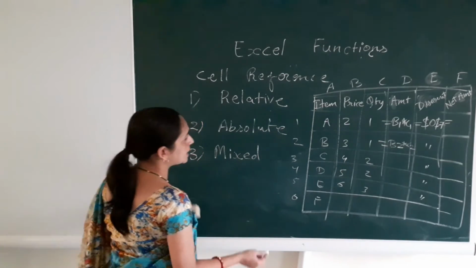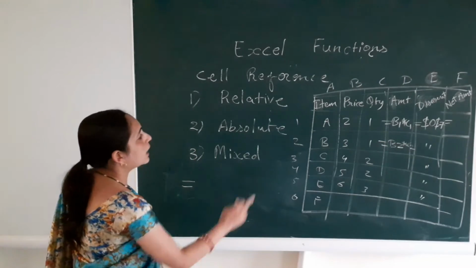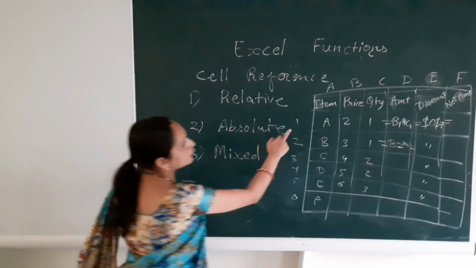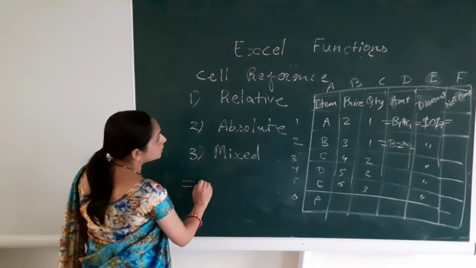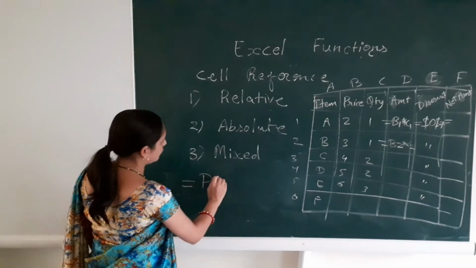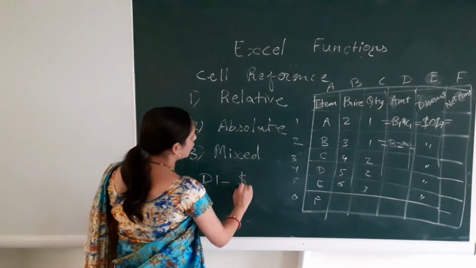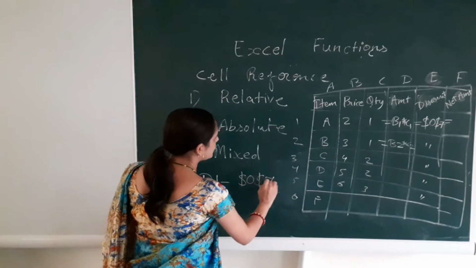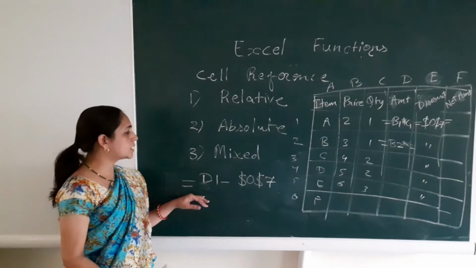So here I will apply the formula using mixed cell reference. In the F1 cell I will apply the formula D1, that is a cell reference, minus $O$7. So this is the example of mixed cell reference.